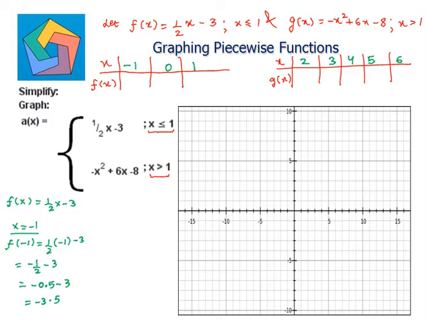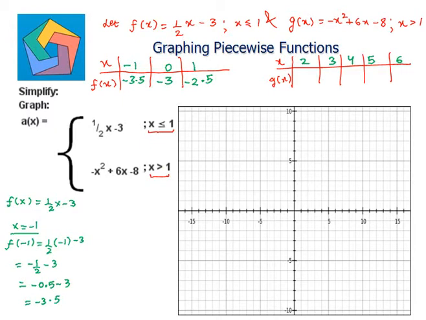So at negative 1, we get the value negative 3.5. Similarly, we can calculate the values at 0 and 1; for 0 it will be minus 3 and for 1 it will be negative 2.5.